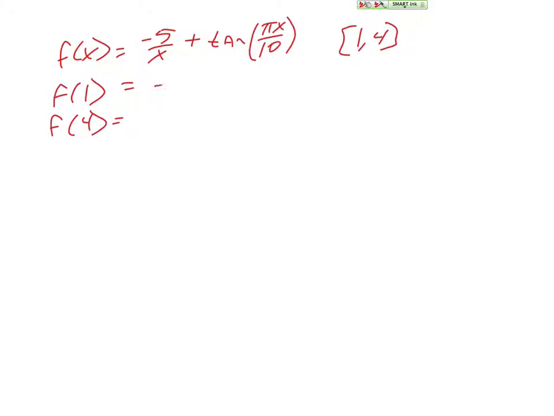So I stick 1 in there, that's negative 5 plus tangent of pi over 10. If I stick 4 in there, that's negative 5 over 4 plus tangent of 4 pi over 10. Now, since pi over 10 and 4 pi over 10 are not special angles, you can use your calculator on this.